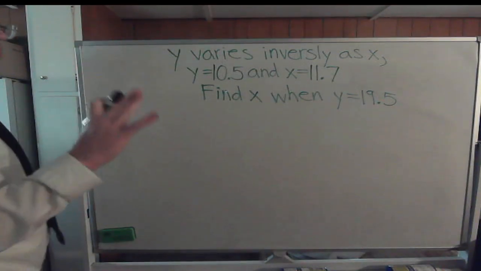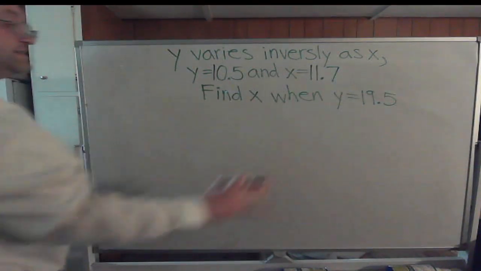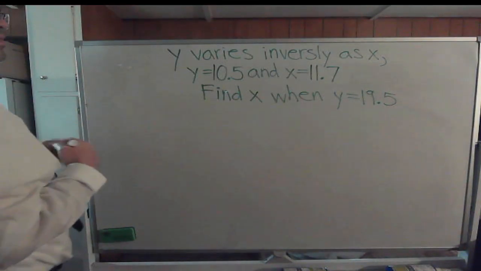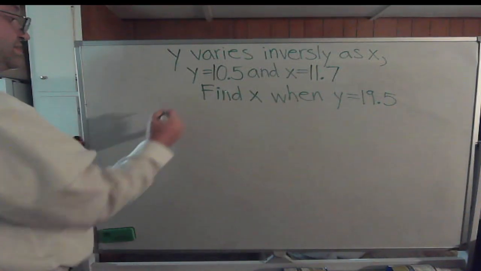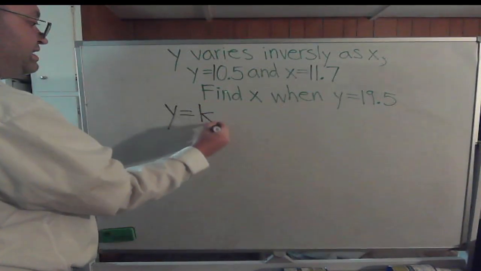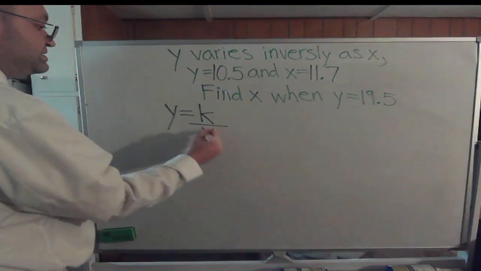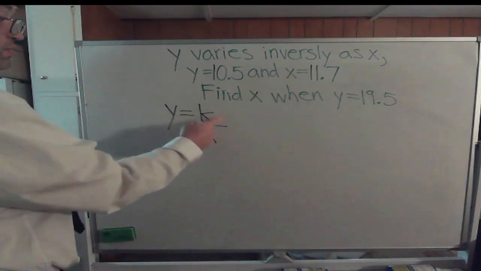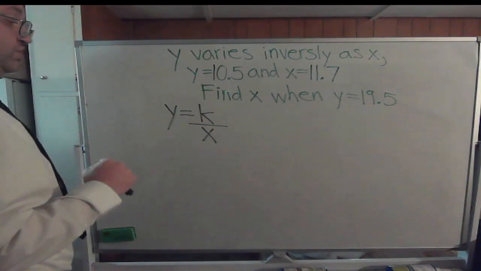Well, again, start with forgetting the last sentence exists. Start with y varies inversely as x. So that means y equals k over x. So once again, we want to solve for the constant of variation.